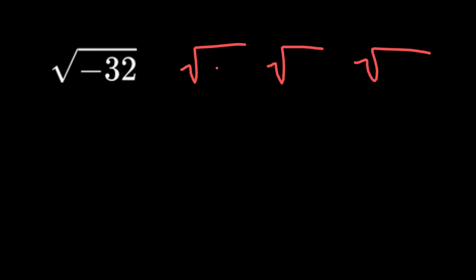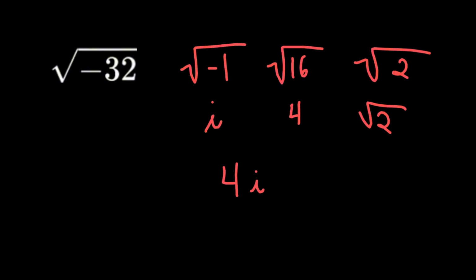So I know that I can take out this negative 1 and make it an i. I know that out of 32, you can multiply 16 and 2. 16 is a perfect square that multiplies to get 32, and I can simplify that to get 4, and the square root of 2 has no friends. So I'm left with i, 4, and the square root of 2, and I can simplify this into 4i times the square root of 2.